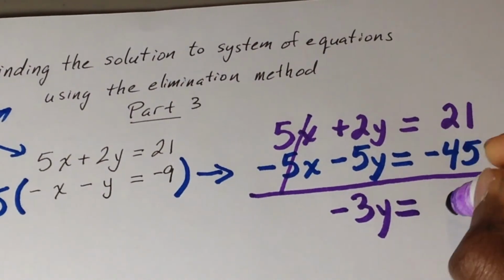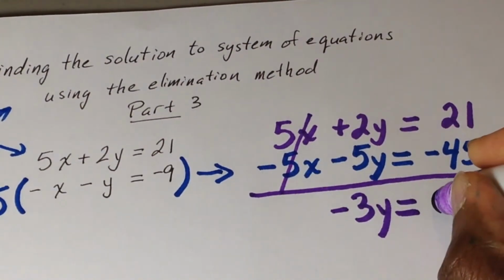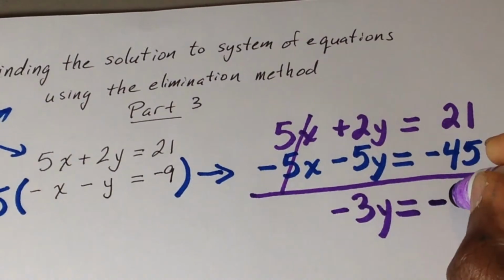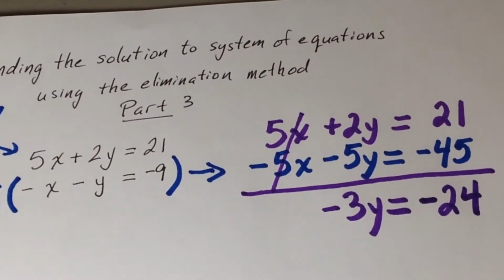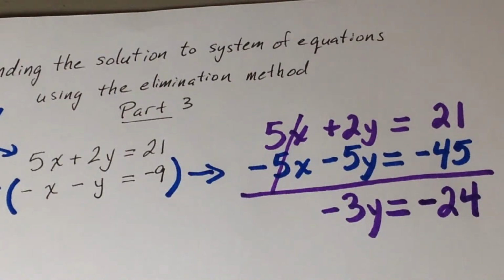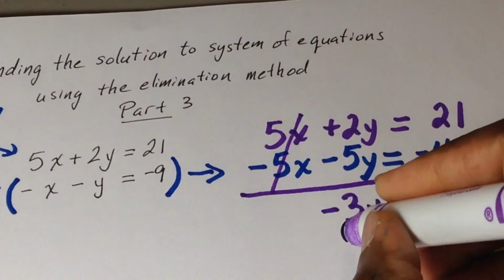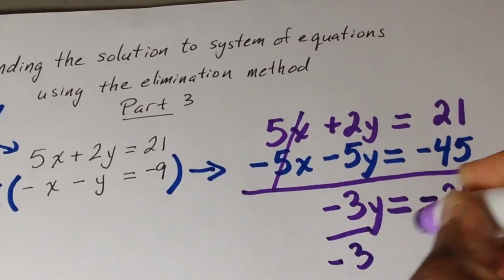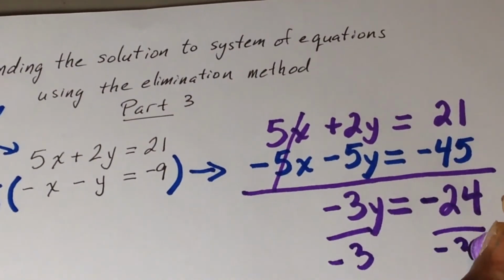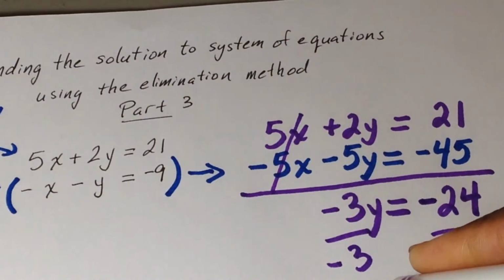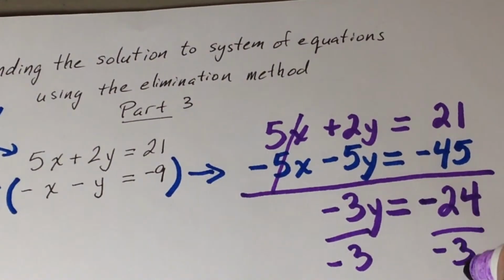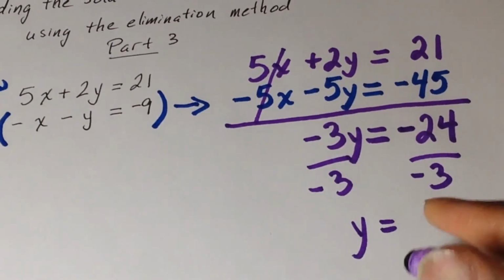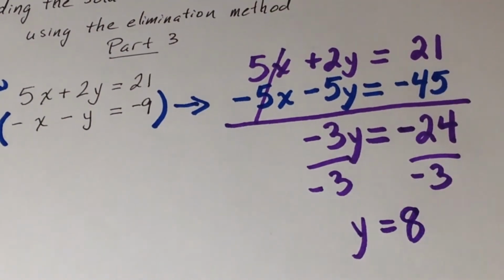I'm going to add them up, and I'm going to get negative 24. So we have negative 3y equal to negative 24. Divide both sides by negative 3. And I got y is equal to negative 24 divided by negative 3, which gives me 8.